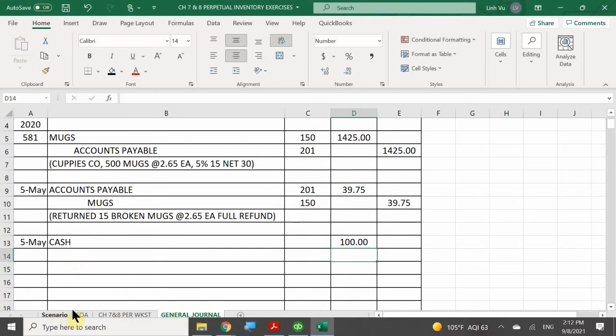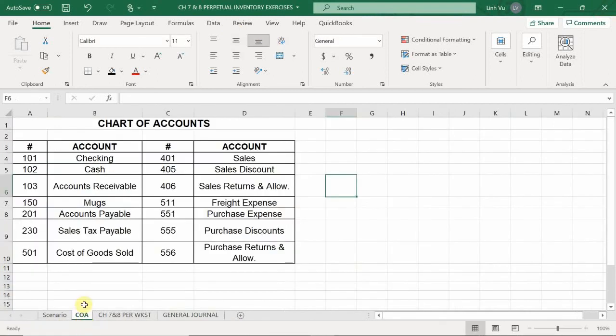Now let's check my chart of accounts to see if I even have a cash account. And I do. It's account number 102.